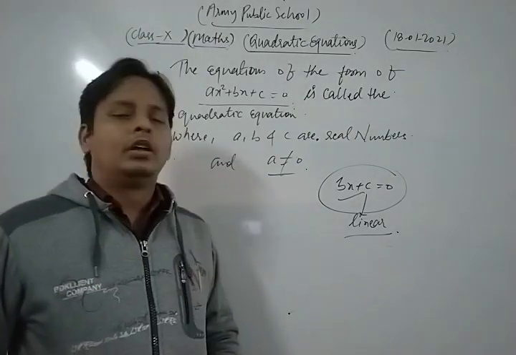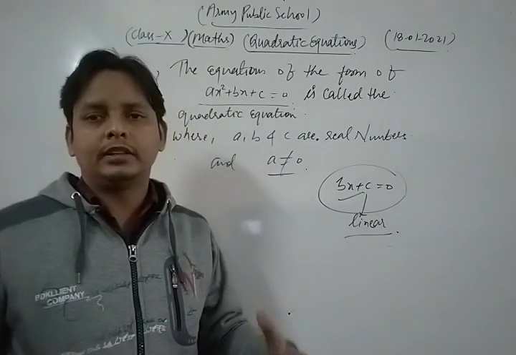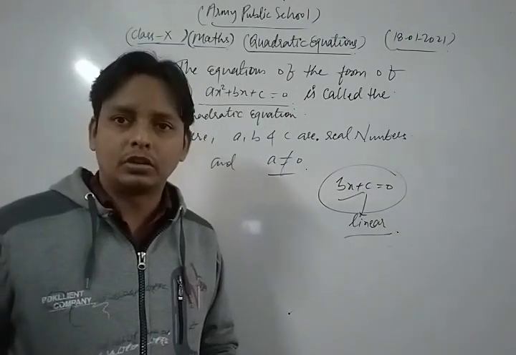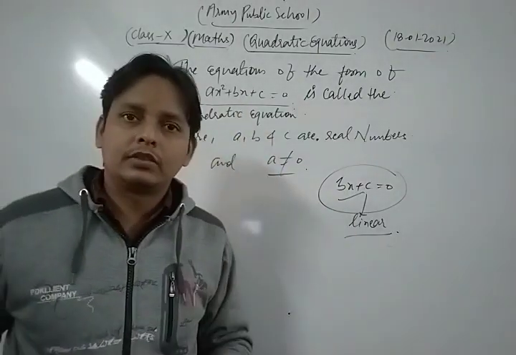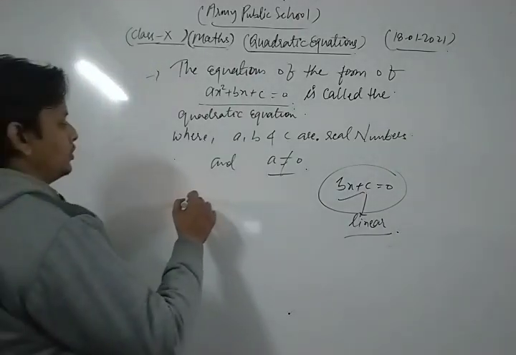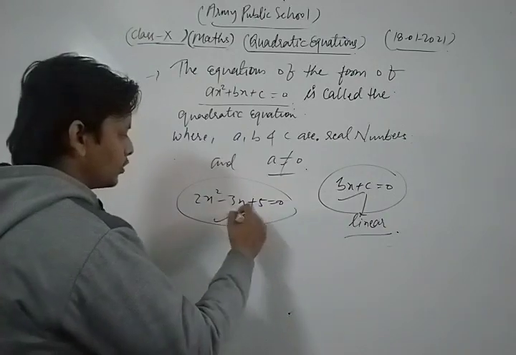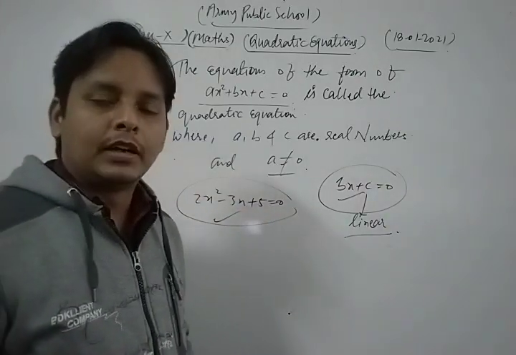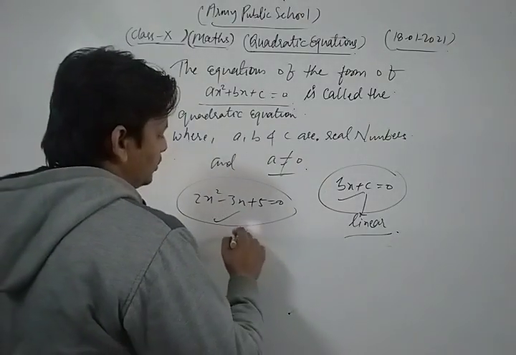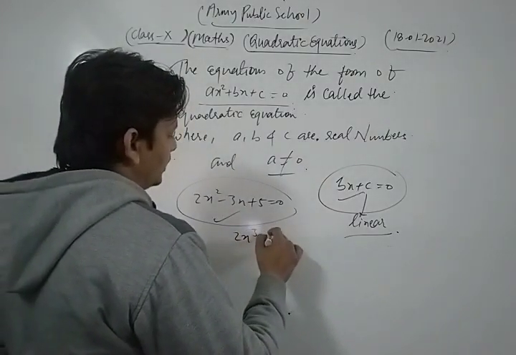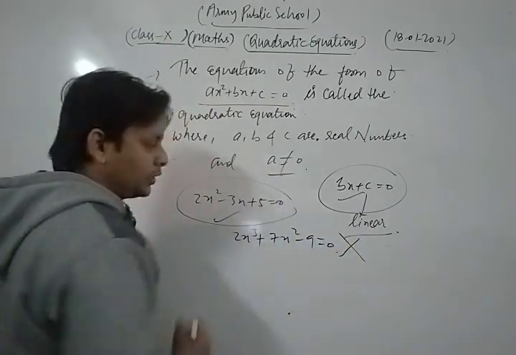Dear students, now you can solve questions about finding whether the given equations are quadratic or not. If any equation is of this form, it is called a quadratic equation. Suppose we write 2x square minus 3x plus 5 is equal to 0. This is an example of a quadratic equation. Similarly, if we write the equation 2x cube plus 7x square minus 9x equal to 0, this is not a quadratic equation.